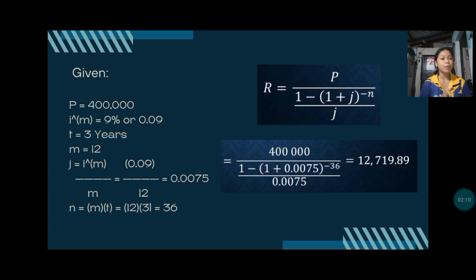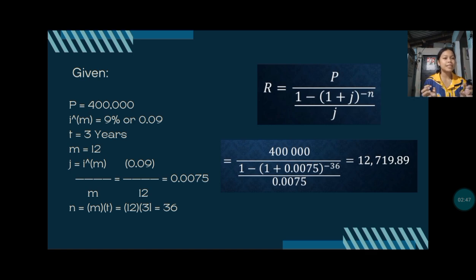Our P is 400,000 over 1 minus the quantity 1 plus our j, 0.0075, raised to the power of negative 36, which is the value of our n, over again our j, 0.0075. So when you compute this directly on the calculator, the answer is 12,719.89.